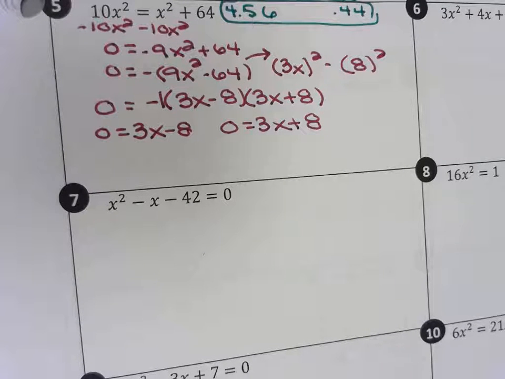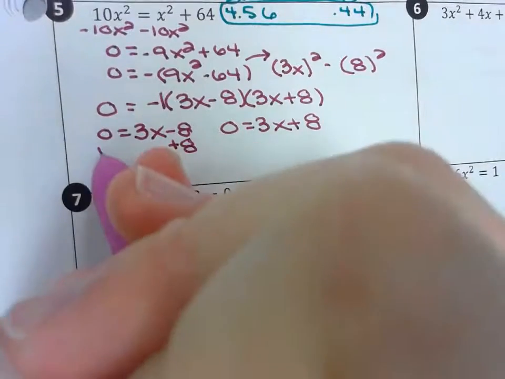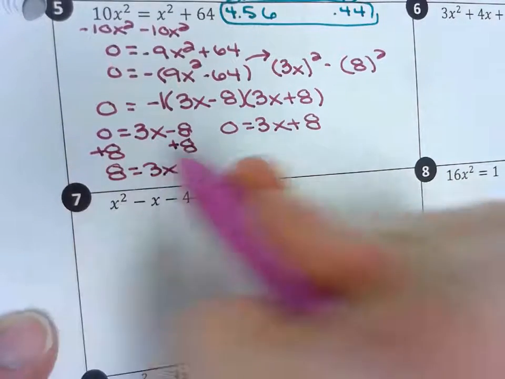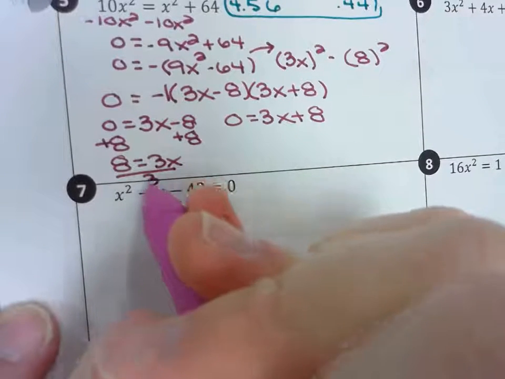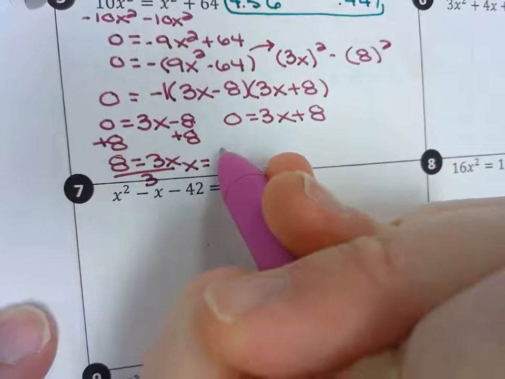Let's solve each one. You should be able to solve each one of those. So add 8, 8 equals 3x. Divide by 3, so x equals 8/3.